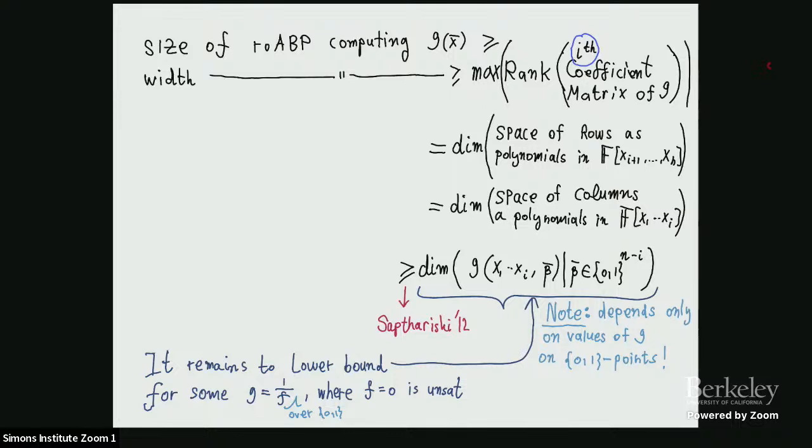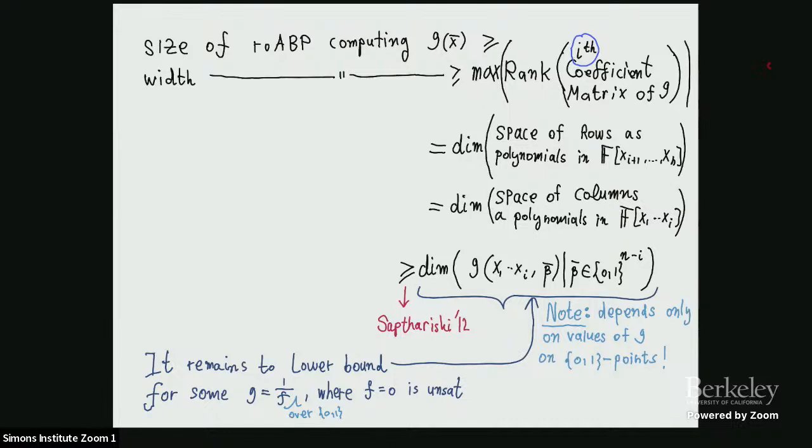Now, this trick is very useful because what we've done here is this is for polynomials, and now we switch to a measure that measures only points on 0, 1. So it's better for us now because we are in the functional frame. It remains to lower bound, for some G equals 1 over F over the Boolean cube, this.